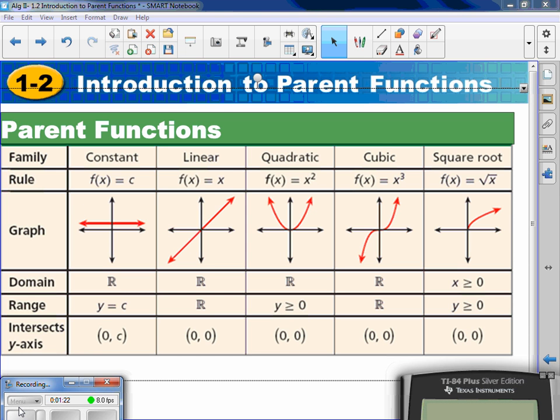The x-coordinates. This symbol right here stands for all real numbers. It's saying I can put any value in here for x and it will work. The same goes for the range for y. The only number it ever goes to is whatever c is. It crosses the y-axis at 0, c.